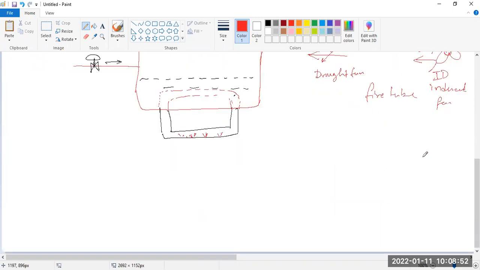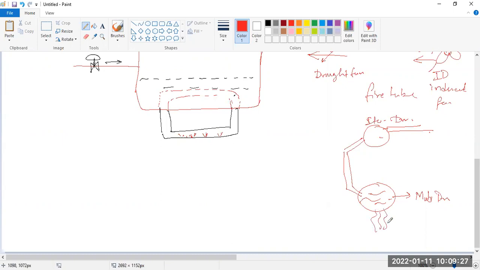And what is the construction of the water tube boiler? In this water tube boiler, it looks like this. Here this is called the mud drum, and this is the steam drum, and there is another name as well.